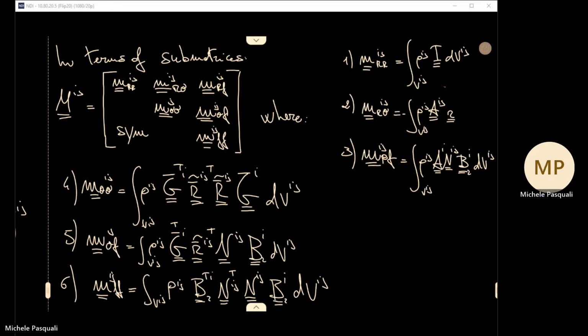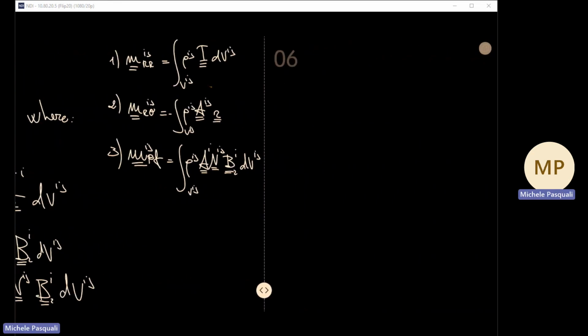Okay, so these are all the sub-matrices, and we're going to briefly go through them, because again, what I want to show you now is not to complete this part per se, but really to show you that we have a practical advantage, another practical advantage, in using finite element methods also with this respect.